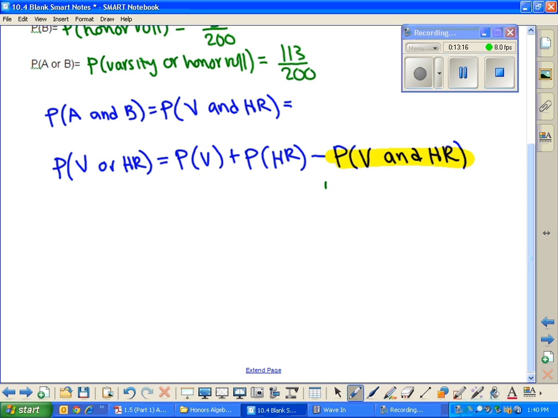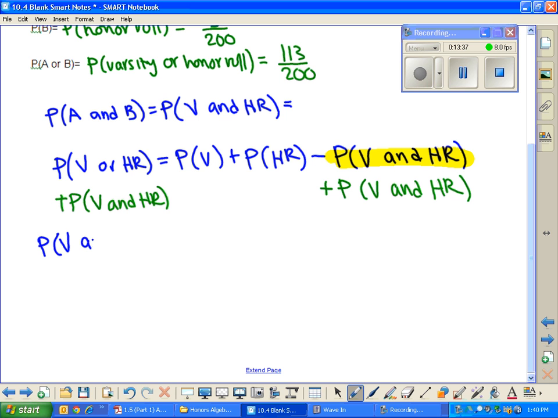Rearrange. We're going to add the probability of choosing a varsity athlete and an honor roll student to both sides. So on this side we now have varsity and honor roll.